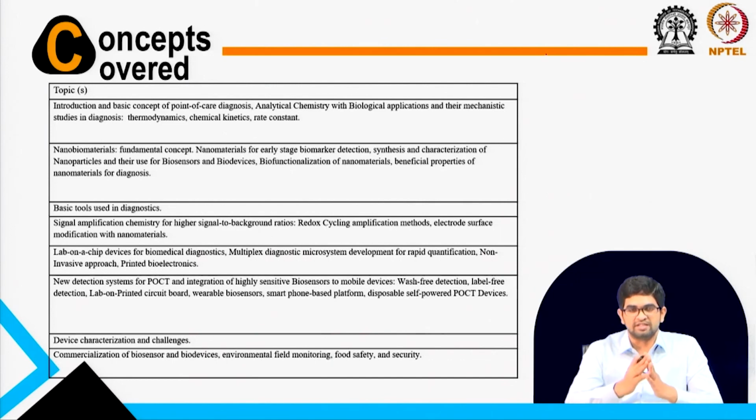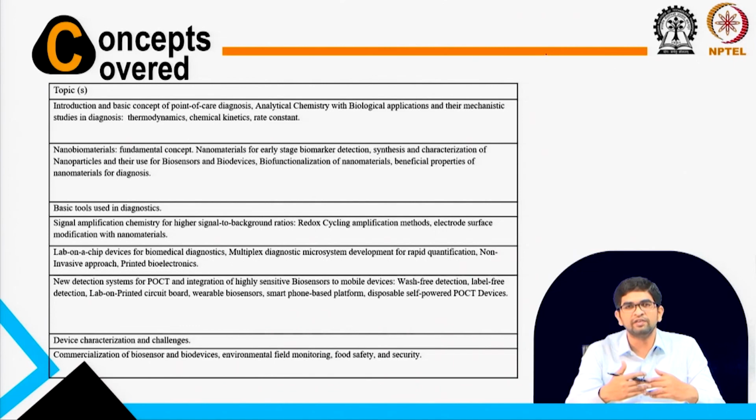Suppose for cancer, if you cannot detect the early stage and you detect only the end stage, then although we know that this marker is present, it is at a very high concentration. The doctor may prescribe a therapeutic process, but it is difficult to save the patient's life at that time. So detection of the disease at an early stage is really important, and we will focus on that here.